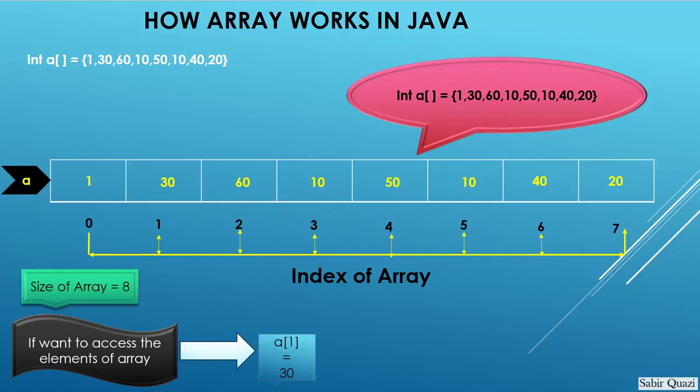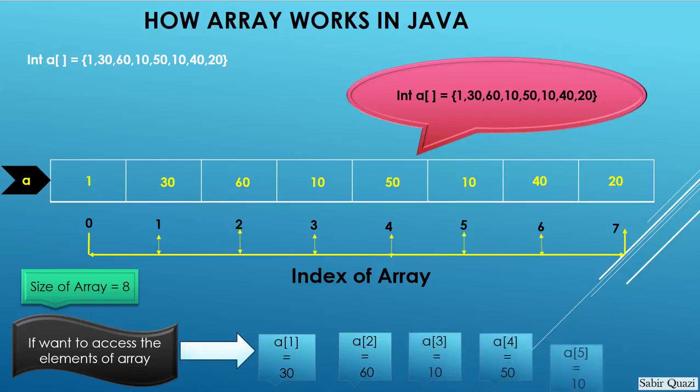For example, A of 1 is equal to 30, A of 2 is equal to 60, A of 3 is 10, A of 4 is 50, similarly A of 5 is 10. In this picture we can say this 1 is the index number of the value 30.